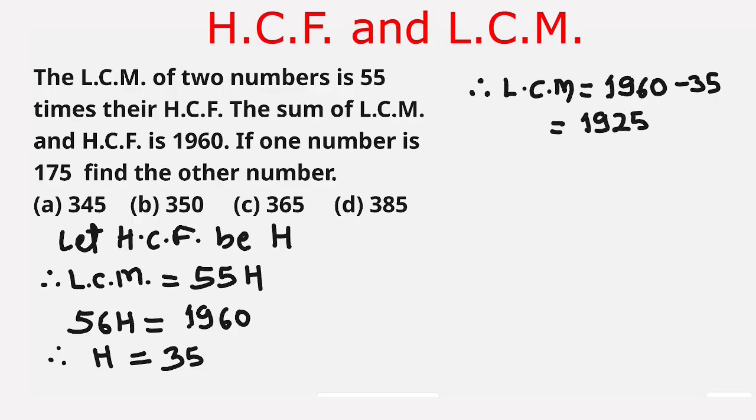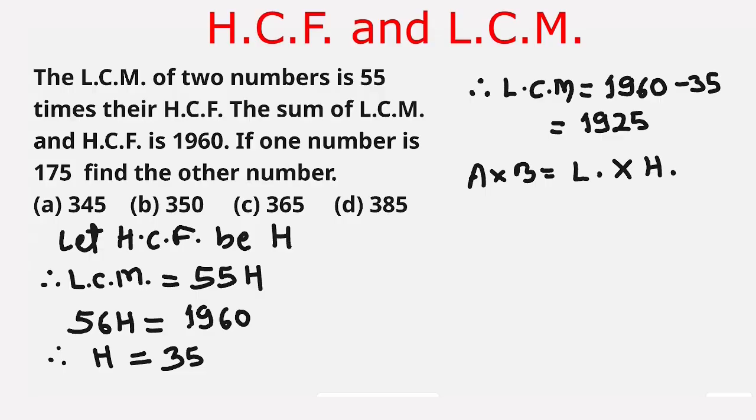1925. We know that the product of two numbers A multiplied by B equal to LCM, I am writing L for LCM, multiplied by HCF, I am writing H for HCF.